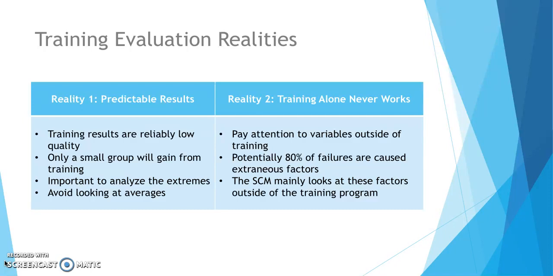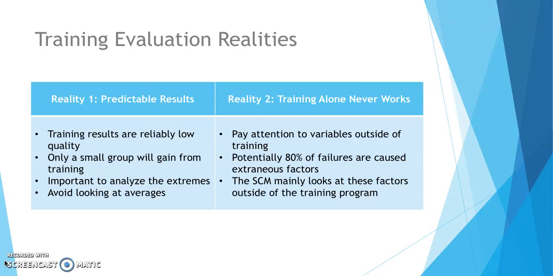Maybe the training came from even higher up, and middle management doesn't really know what's going on with it, so they don't really support the employees in continued usage of the new skills, so it just falls to the wayside. Maybe it's just the environment they're in. Maybe the employees learn some sort of new technology, but then they don't have the computers or whatever they need to actually follow up with these skills. So there's a lot of factors outside the actual training program that could negatively impact it. And we see it's a substantially high percent.